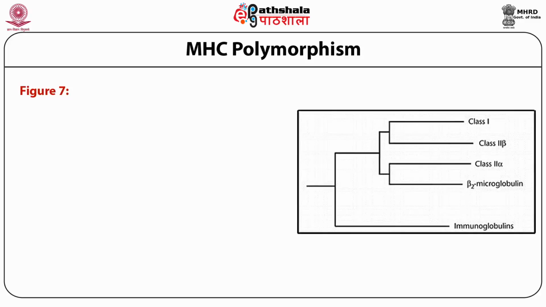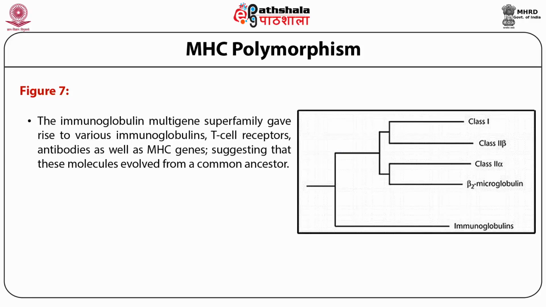This shows the phylogenetic tree, whereby we can see that all the immunoglobulins are formed from a common ancestor. The immunoglobulin multi-gene superfamily basically gave rise to not only the immunoglobulins but also the T cell receptors, various antibodies, as well as the major histocompatibility genes, suggesting that all of these molecules evolved from a common ancestor.